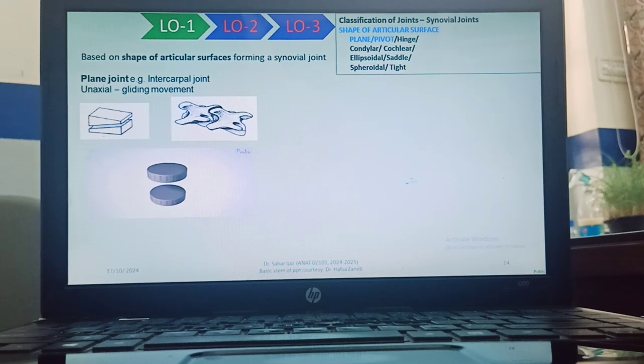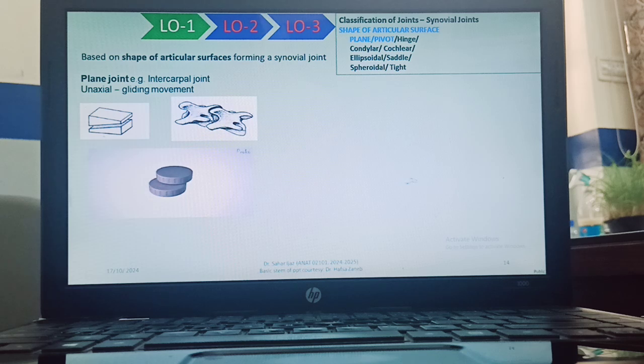Then based upon the shape of the articular surfaces, you can name the joints differently. These are usually the synovial joints. Based upon this shape, you can call them plane joints if the surfaces are almost plane, like the articular surfaces of the carpals when they are articulating with each other, intercarpal joints.